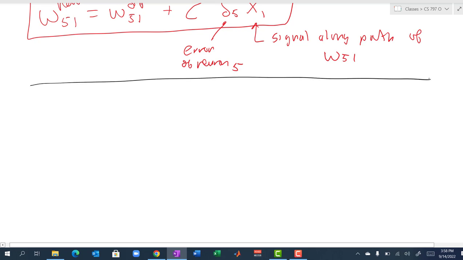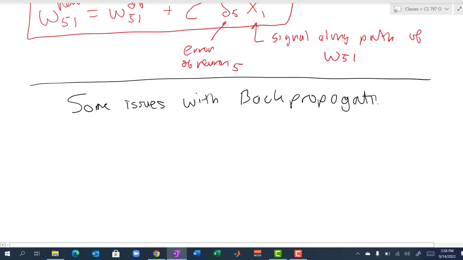There's some issues that people discovered with backprop, and there are some fixes that people discovered. So I'm going to briefly talk about those. Maybe slow training.